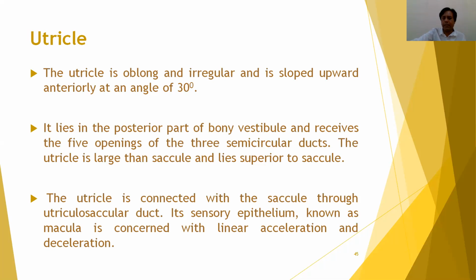The utricle is connected with the saccule through the utriculosaccular duct. Its sensory epithelium, known as macula, is concerned with linear acceleration and deceleration. So both saccule and utricle are associated with linear acceleration and deceleration.